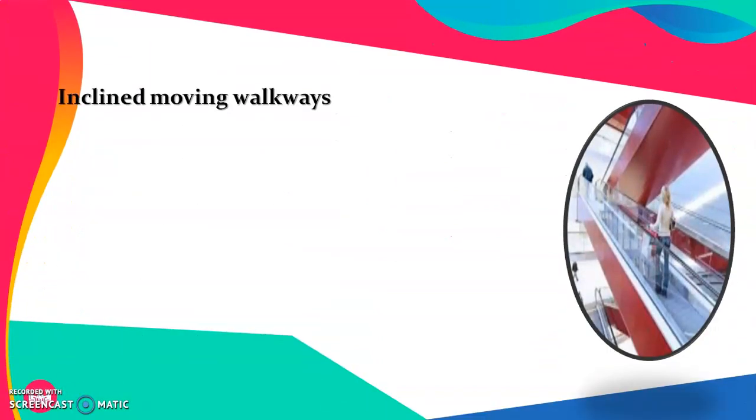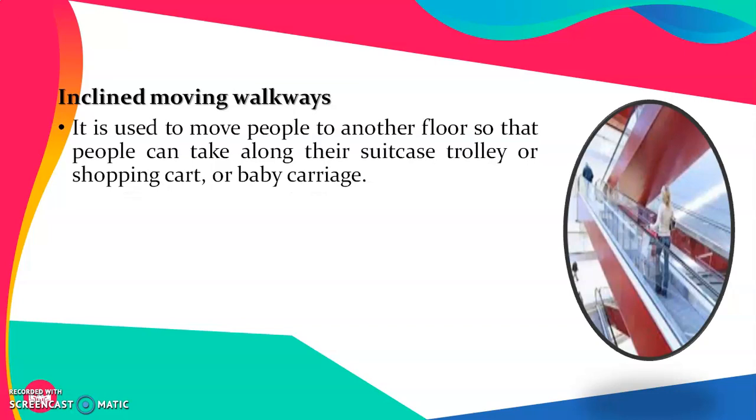And this is an inclined moving walkway. It is used to move people to another floor so that people can take along their suitcases, trolleys, shopping carts or baby carriages.